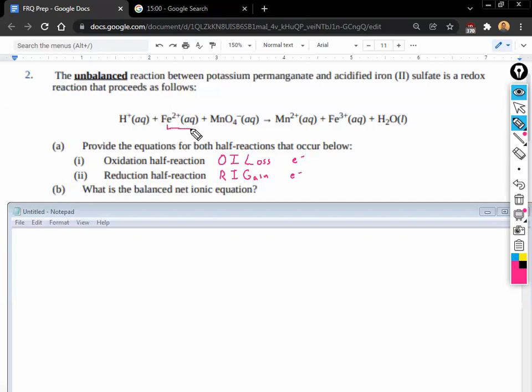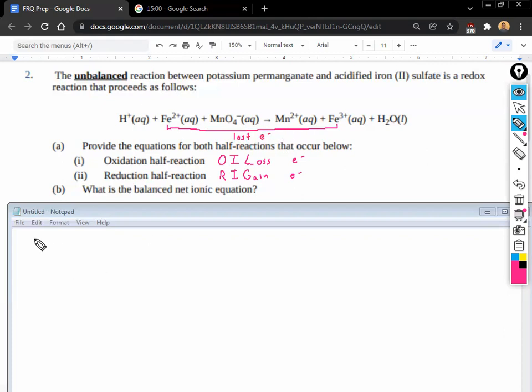If we take a look at iron, iron started off +2 and then became +3. So did it gain or lose electrons? Yeah, it lost electrons, which means that this is oxidation.